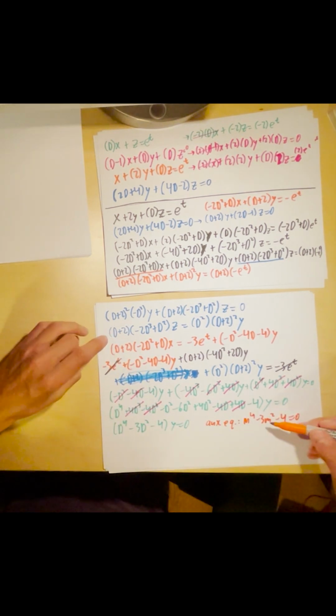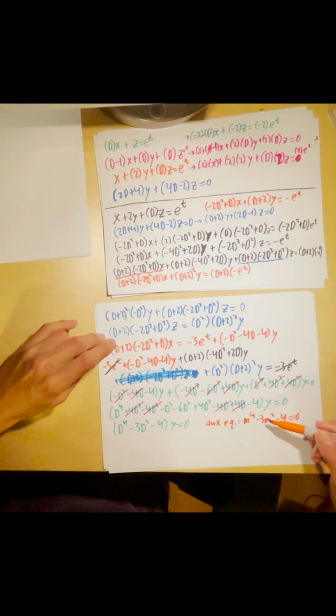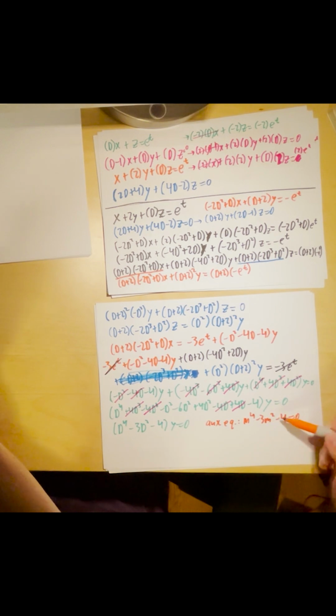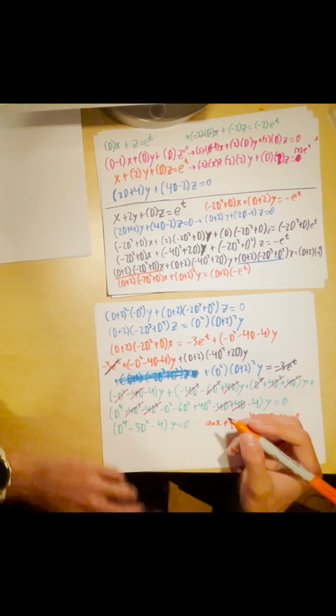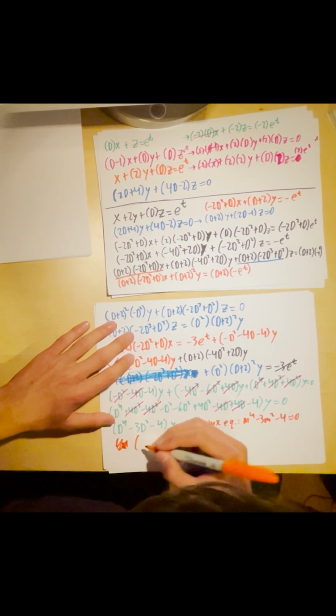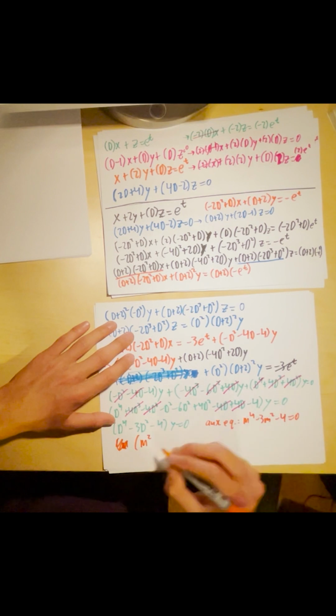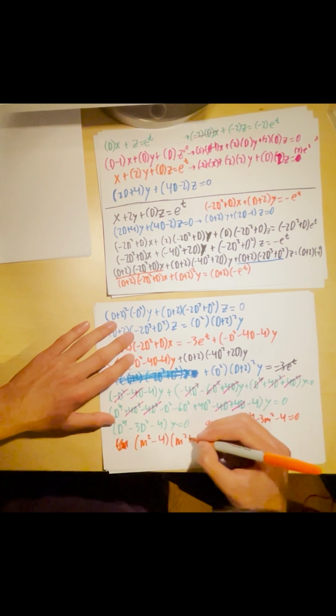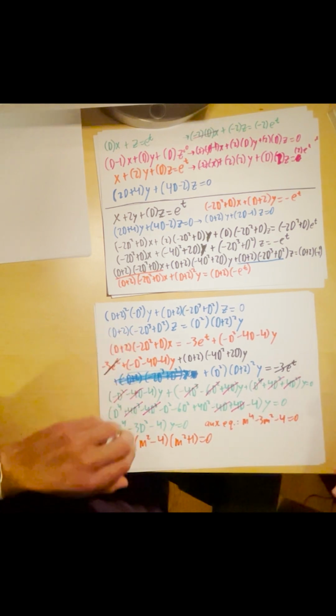So we can treat this kind of like we're factoring a quadratic, but instead of it being m squared minus 3m minus 4, the m's are just squared. So we'll factor it out like this: m squared minus 4, and then m squared plus 1 equals 0.